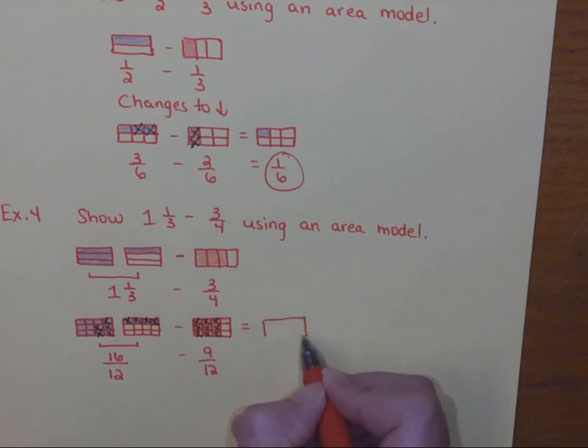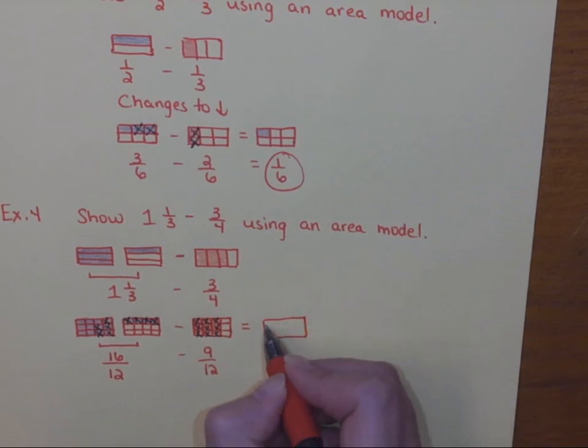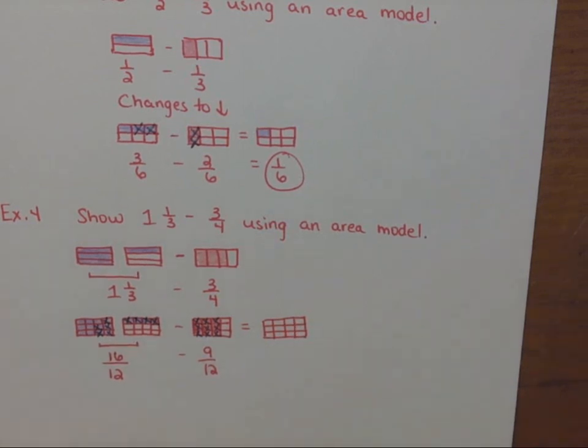The trick here, though, is, again, try to make the pieces that were remaining the same pieces that you color in the end. In other words, it was these 7 pieces that were left. So in the end, my answer is 7/12.